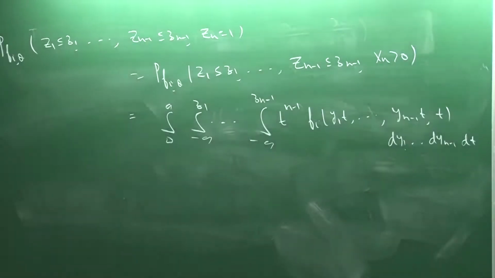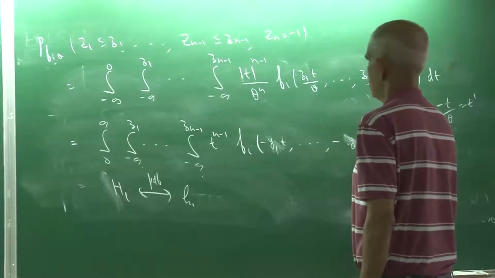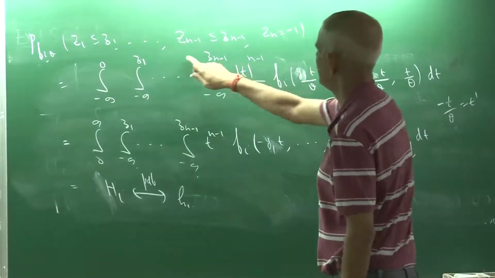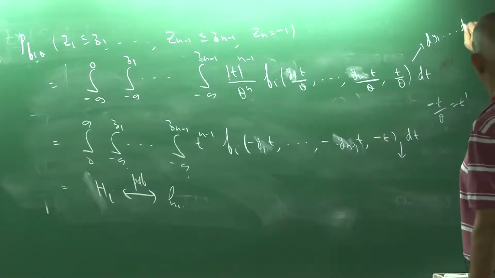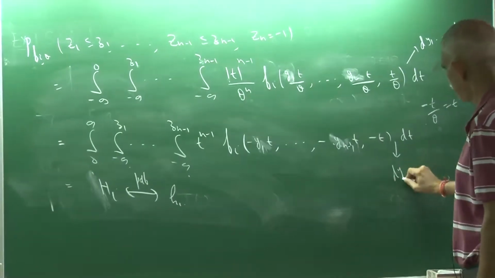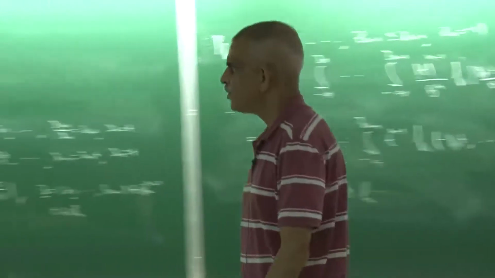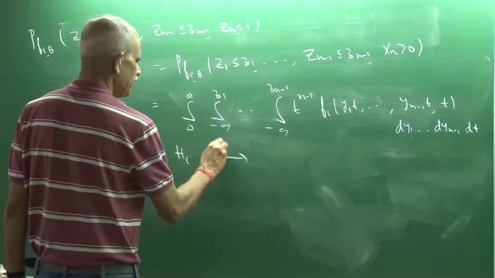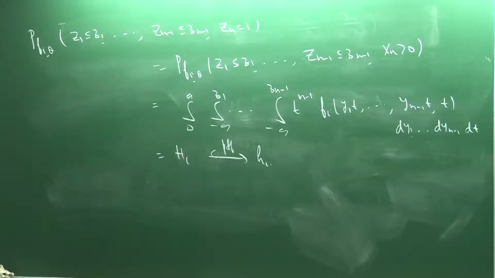I can make it another variable y1, because this has to be an integrating variable, right? So dy1, because these z1, z2, zn minus 1 are fixed. So I'm integrating this vector dy1, ..., dyn minus 1. So here also dy1, ..., dyn minus 1. So this is this. Again this is denoted by hi, which has a PDF, let us say hi. Note that the PDF of hi does not depend on theta.